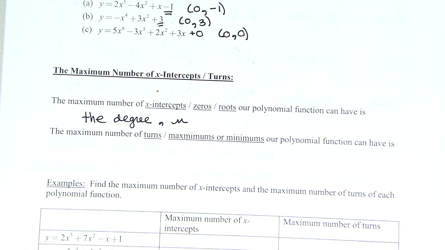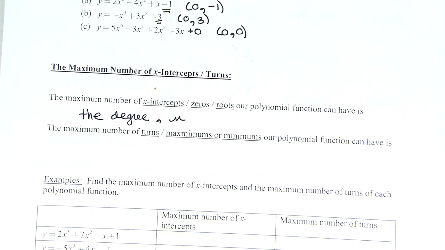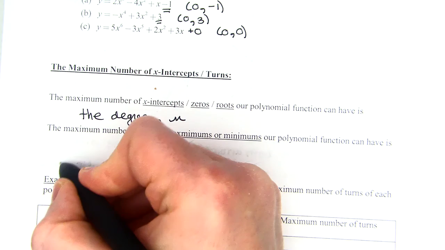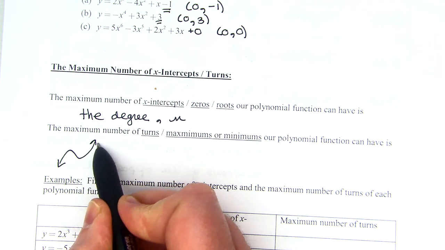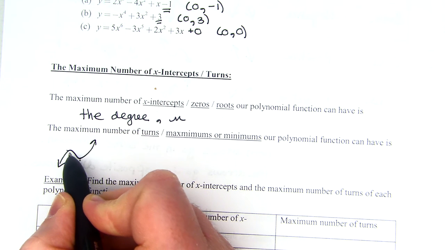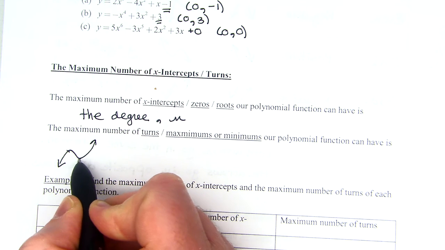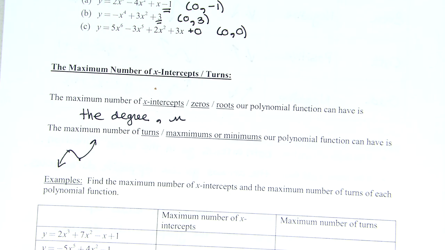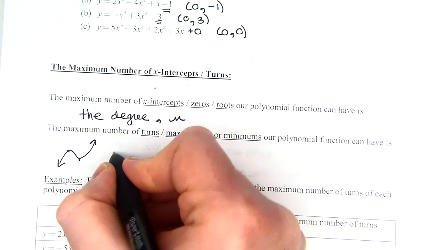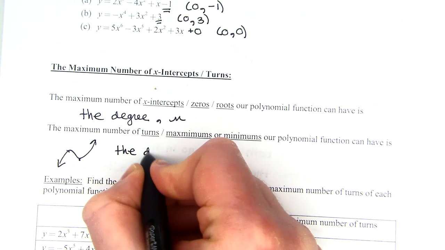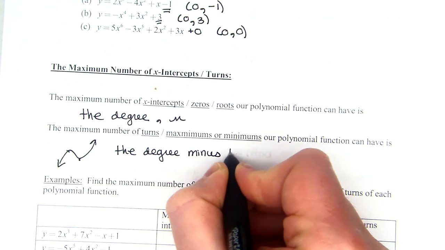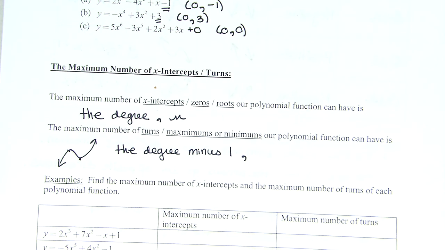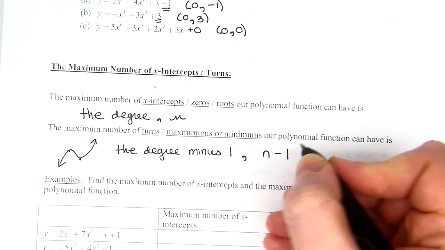We also saw that the most number of times that it turns, that it changes direction, we can also call those places where it turns maximums or minimums. Remember, I would say that this graph turns direction in 2 places, and I would say I have a relative maximum and a relative minimum over there. The most number of turns is the degree minus 1, or we can think of it as n minus 1 if n is the degree.